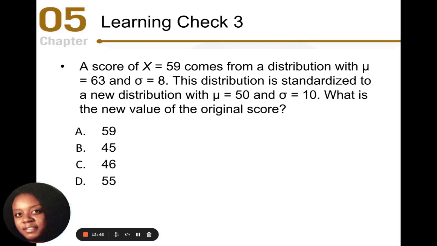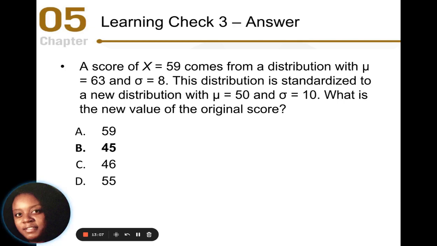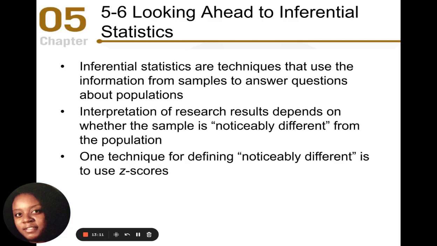What is going to be the new value of that original score? 59, 45, 46, or 55? Take a few moments to think about your answer choice. And the correct choice would be 45.